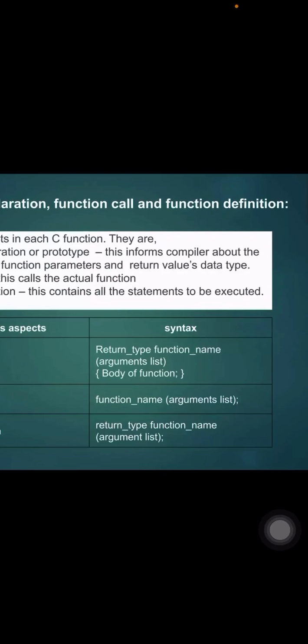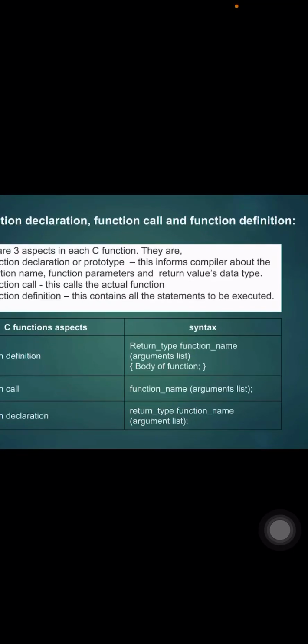Arguments are the parameters. For example, if we want to perform the sum of two numbers, then we need to pass two numbers to that function, that are passed as arguments. And after that come the curly braces, in which you give the complete logic for the solution of the problem. This is called the body of the function.